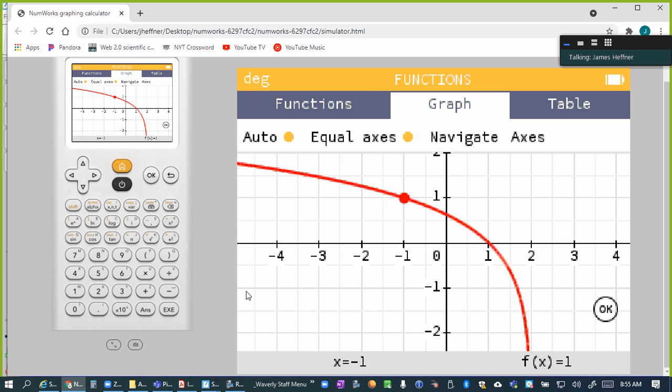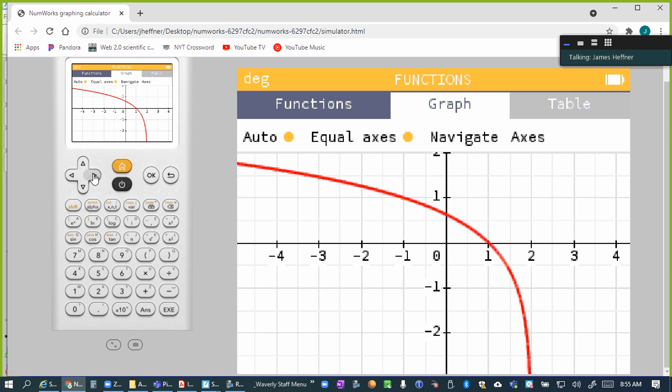Let's get a table of values. And looking at this graph, I probably want a table of values from, oh gosh, I don't know, like from -10 out to what, 2? All right, so let's hit this button and go over here to table.